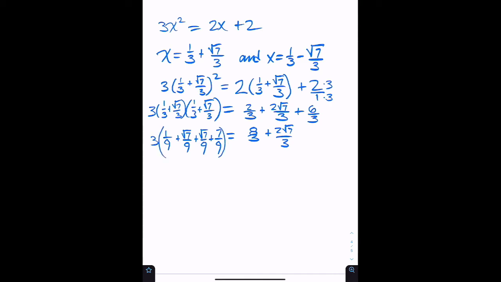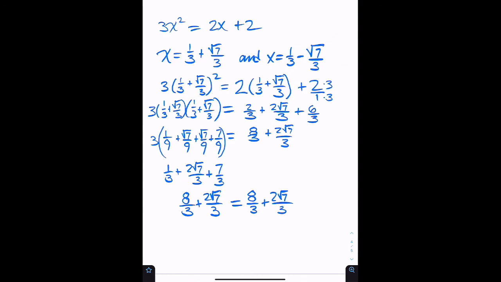So if we distribute that 3, the 3 cancels with the 9s and turns them all into 3s. And so we end up with 1/3 plus, I'll go ahead and combine those, 2 root 7 over 3 plus 7 over 3. 1 plus 7 is 8, so I get 8 over 3 plus 2 root 7 over 3, and that just so happens to be written on the right, just like that.